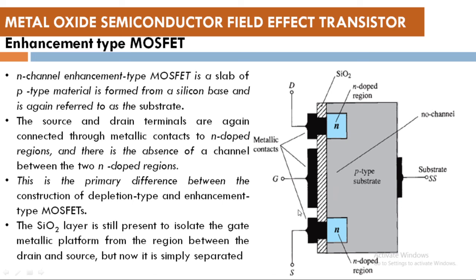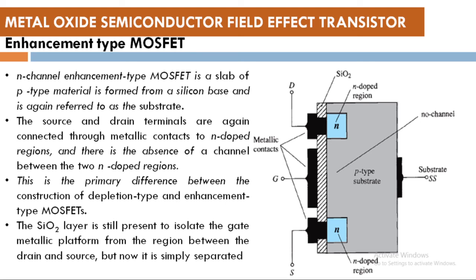So the primary difference between depletion type and enhancement type MOSFET is the availability of the channel. Now when we make audio amplifiers or amplifiers which require a constant channel, we go for depletion type MOSFETs.